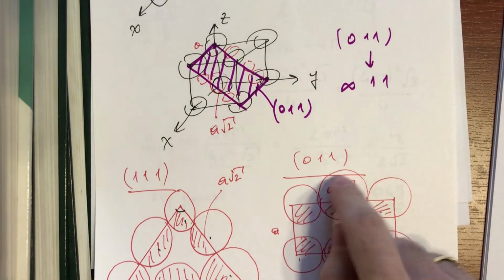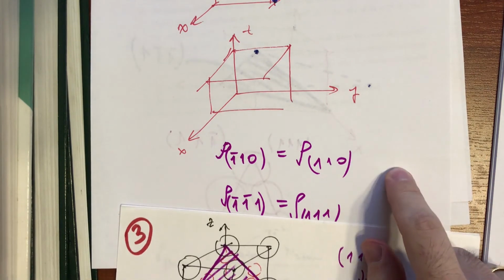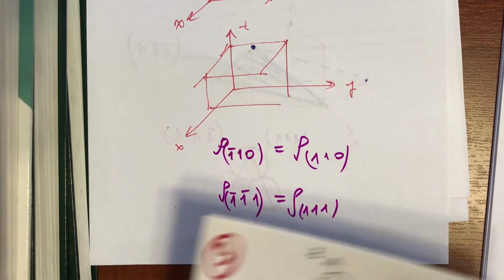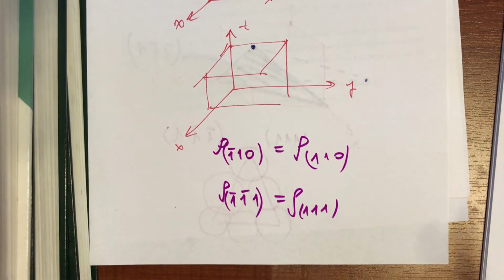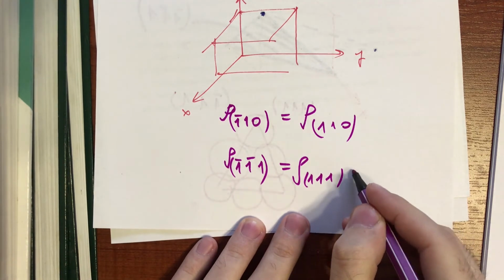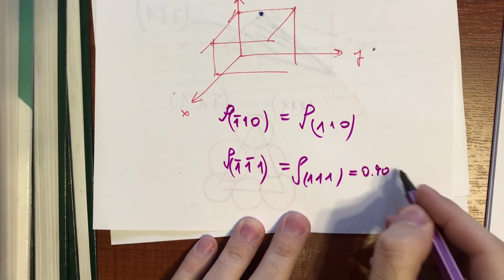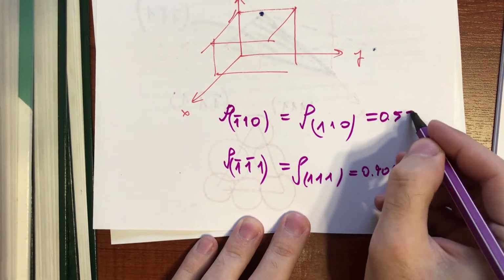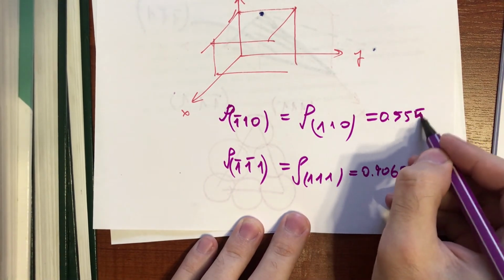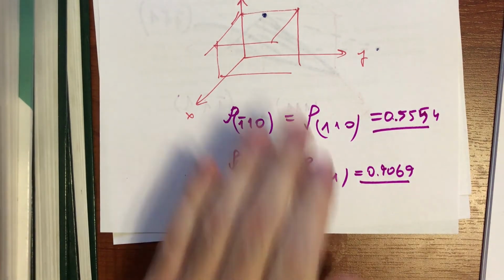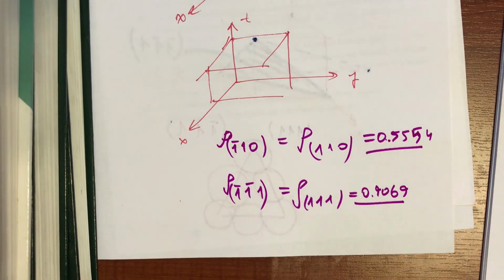Same for this 0, 1, 1 is going to be same as 1, 1, 0, and that's going to be same as minus 1, 1, 0. So I'm not going to repeat those here again. This turned out to be 0.9069. This turned out to be 0.554. We know these.